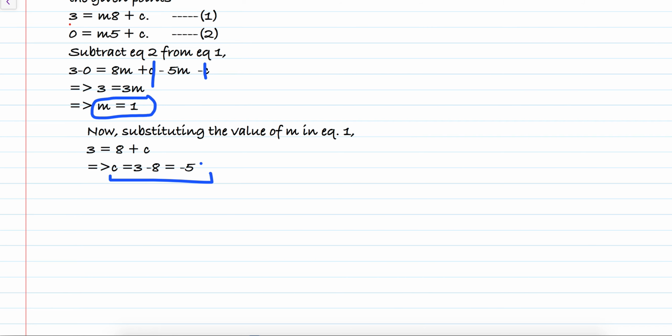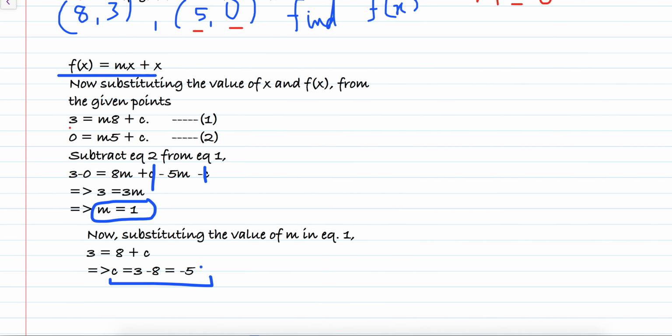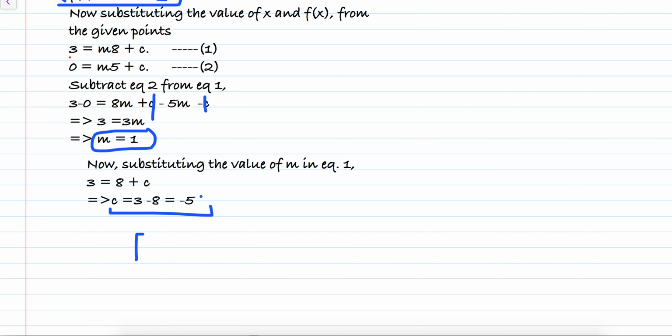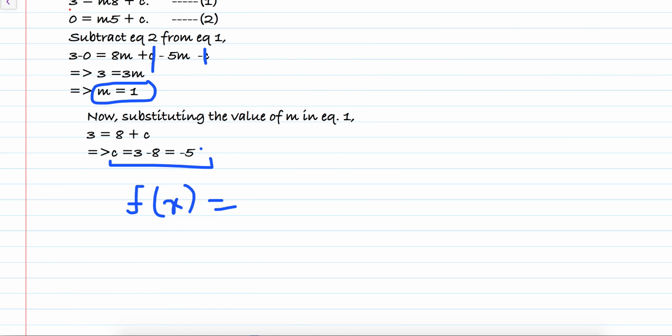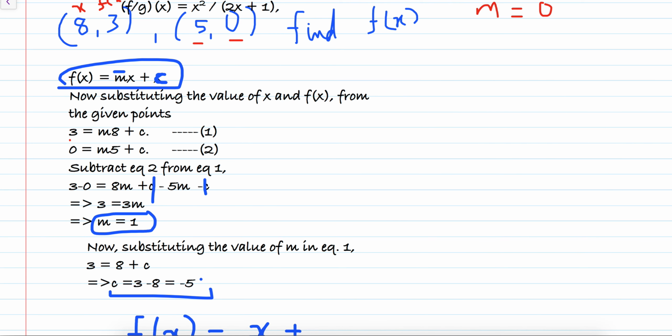So our final equation would be, so we have to substitute m and c in this. So we will get f(x) is equal to, so what is m here? m is 1. So 1 times x is x plus c.